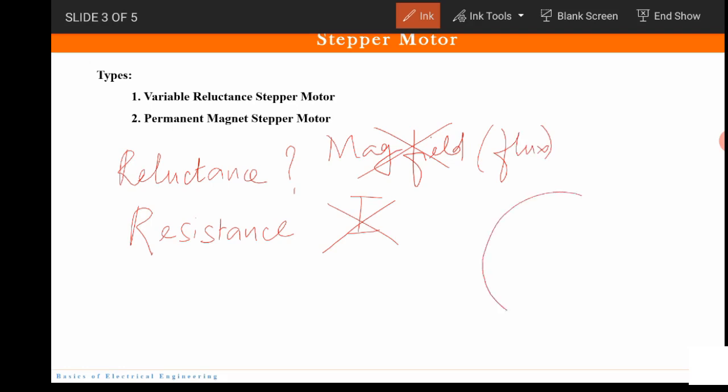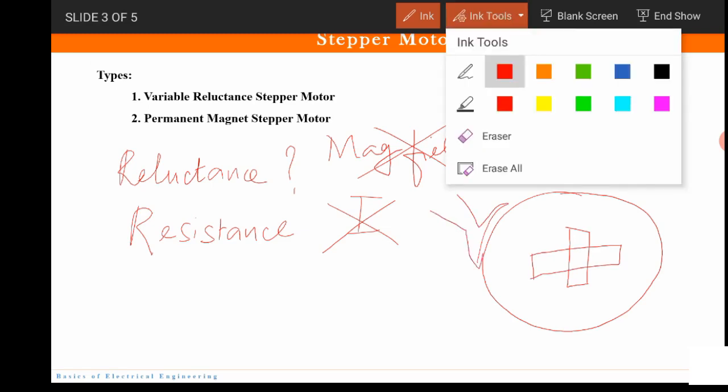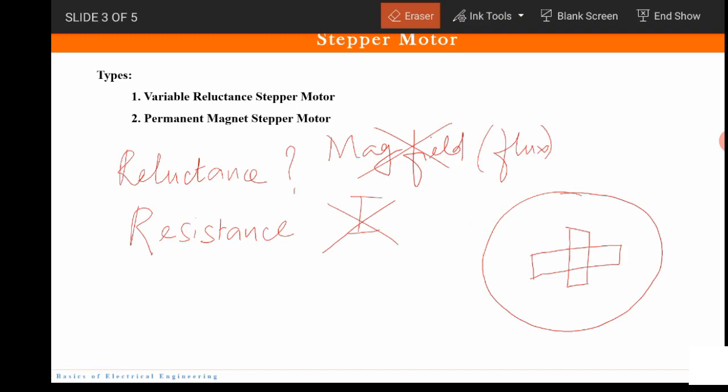So see, this was the stator and here we had rotor, right? And here was our north pole. Correct? Don't mind the drawing. No, this is wrong, so I shall draw it again. Yes, correct.